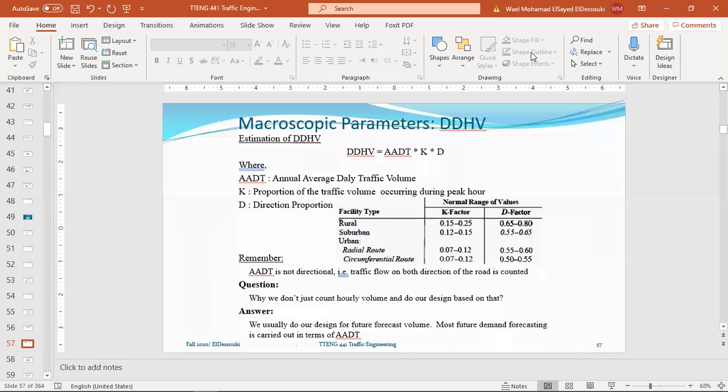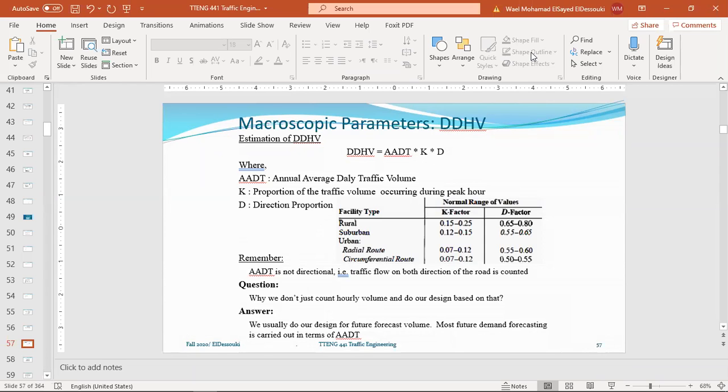If we are talking about a rural facility, K is usually in the range of 15% to 25%, and the split factor D is 65% to 80%. If it's suburban, the K factor is reduced slightly to 12% to 15%, and the D factor is 55% to 65%.